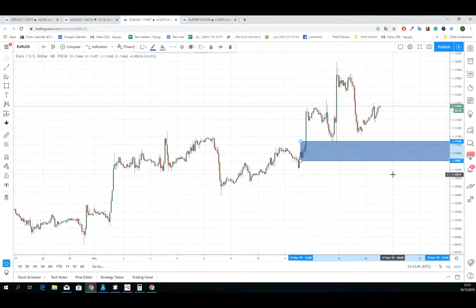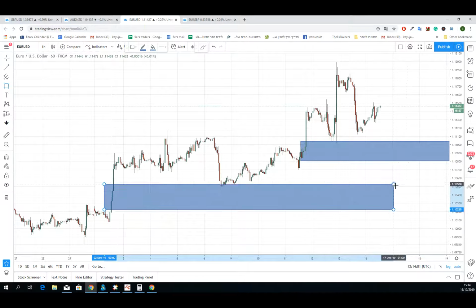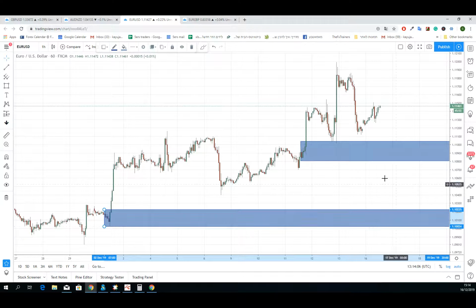I will look for an intraday sell position opportunity, because if the price breaks this demand, it indicates that most likely the price is on its way to reach the next available demand below. I'll just mark it now again. Okay, this one below. So it gives us this buffer between these two demands to look for a sell position as an intraday position.